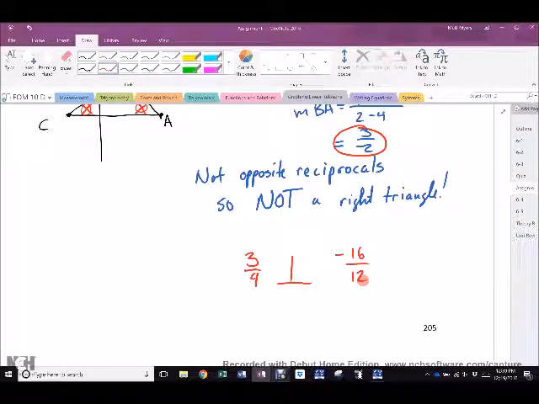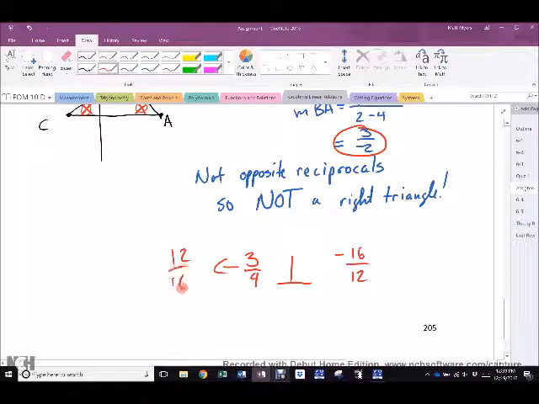Yeah, that was a really silly question. Is this perpendicular? Yes, of course it is. Why? Because this is 12/16, or this is -4/3, right? Just because the numbers aren't the same doesn't mean it's not perpendicular. Everybody cool?